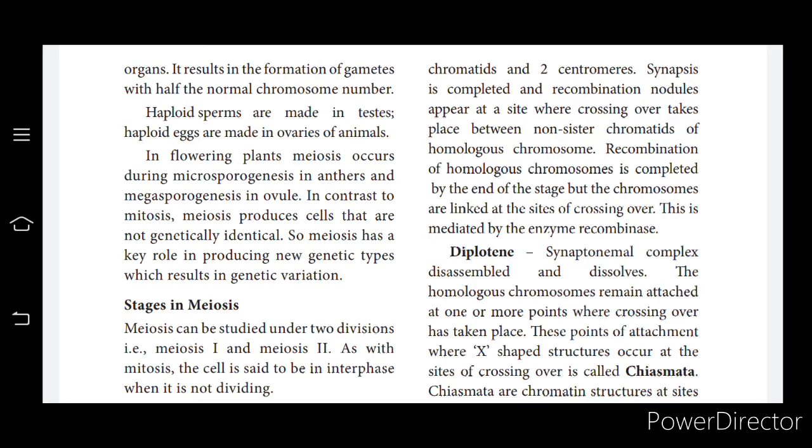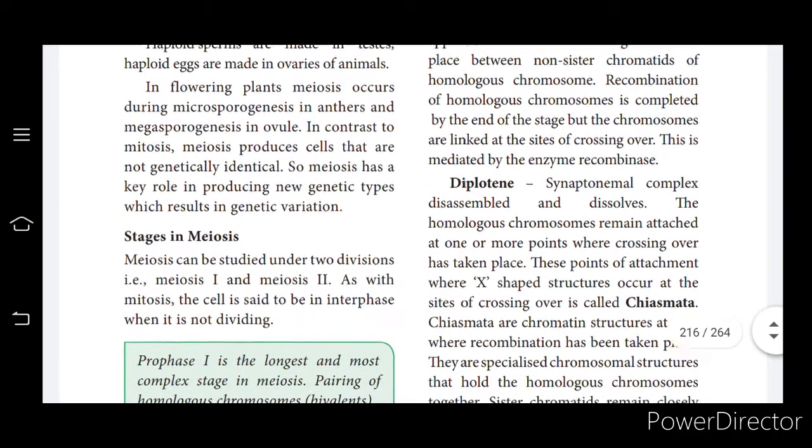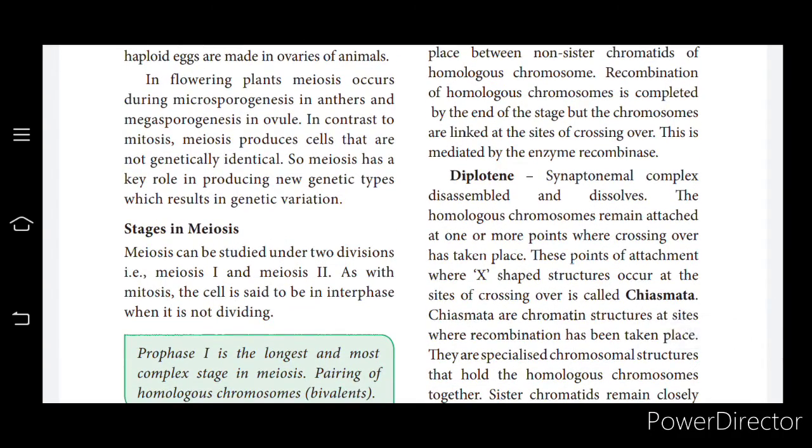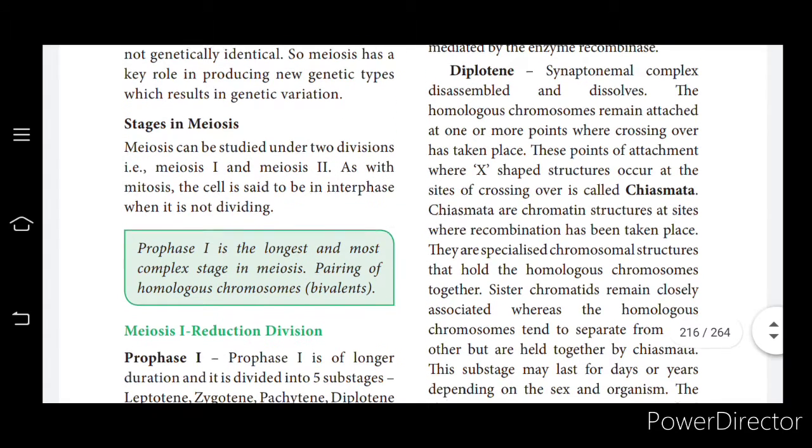Crossing over also takes place between non-sister chromatids, so once crossing over occurs, recombination occurs automatically. Crossing over helps in the mixing up of the chromosomes. Once they get mixed up, they form different recombinations. That is what is called recombination.